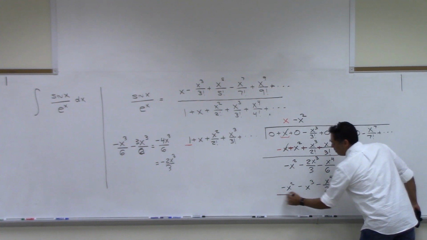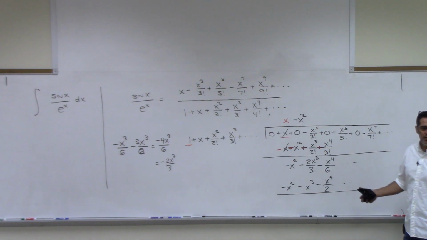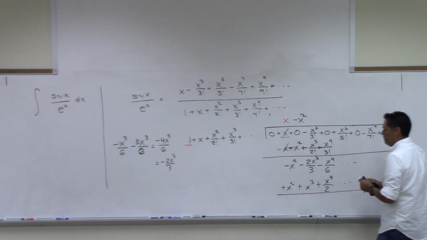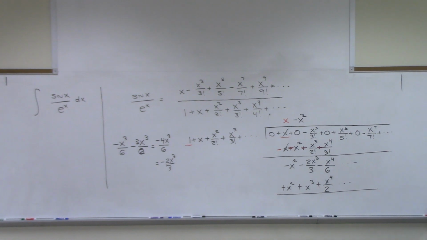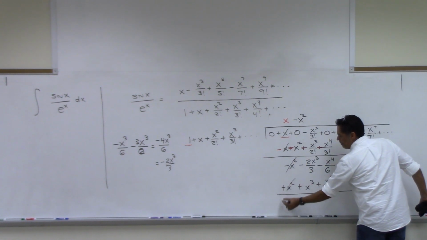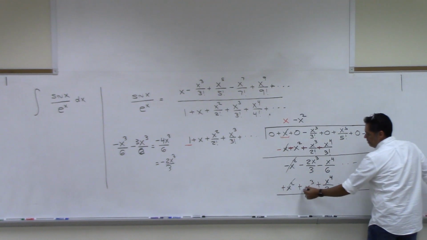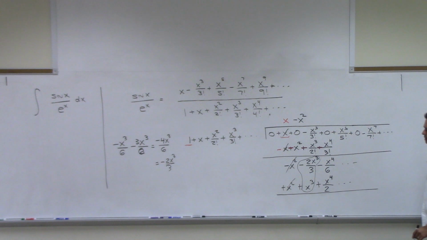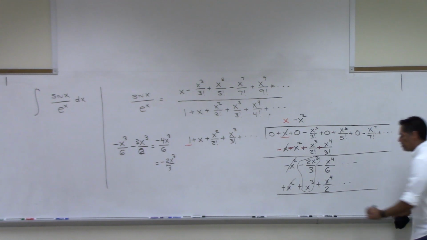But now I'm going to do the same thing. I'm going to change the signs. So now this becomes a plus, plus, plus. And let me add down. These go away, right? These two together, x cubed over 3.